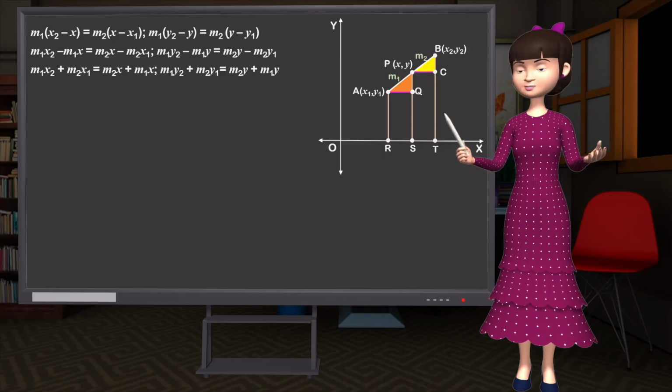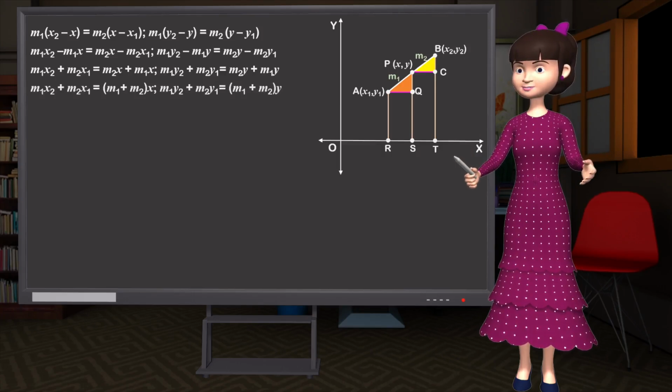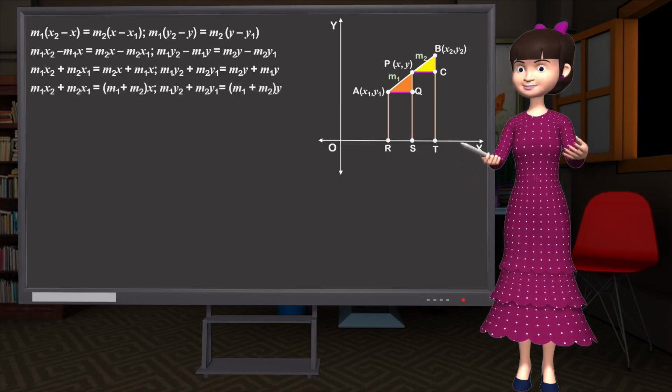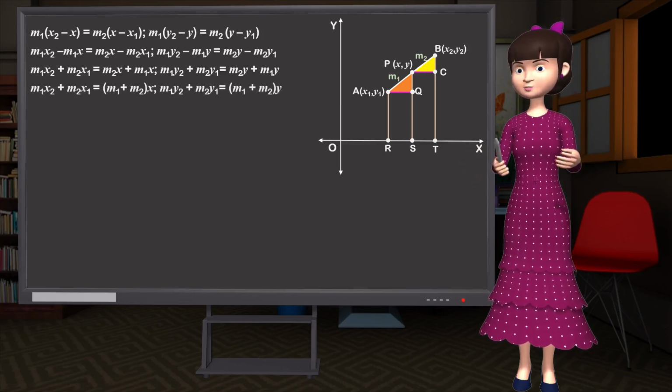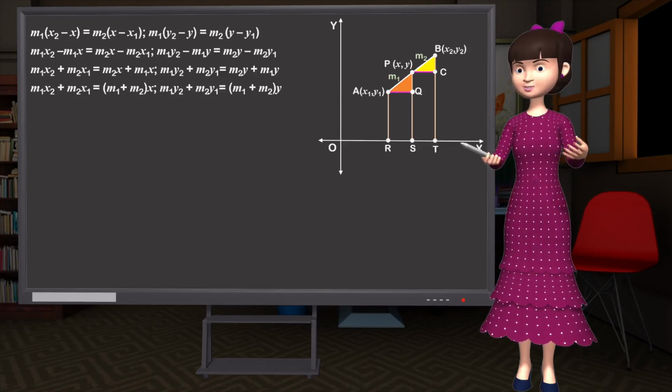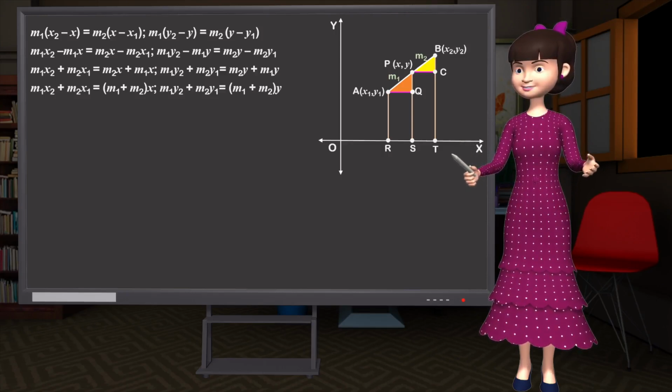Solving this, we get m1 x2 plus m2 x1 is equal to m1 plus m2 into x, or m1 y2 plus m2 y1 is equal to m1 plus m2 into y.